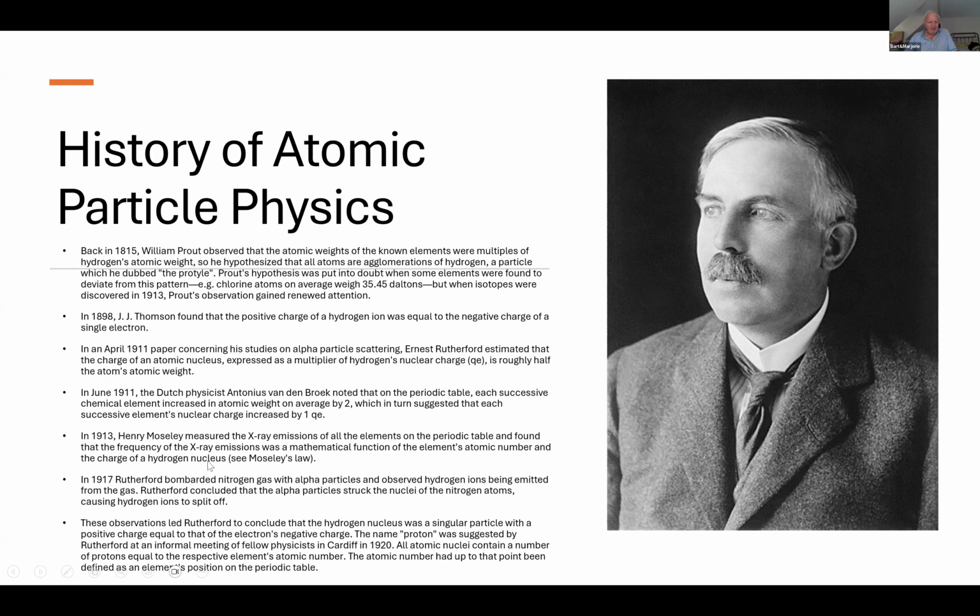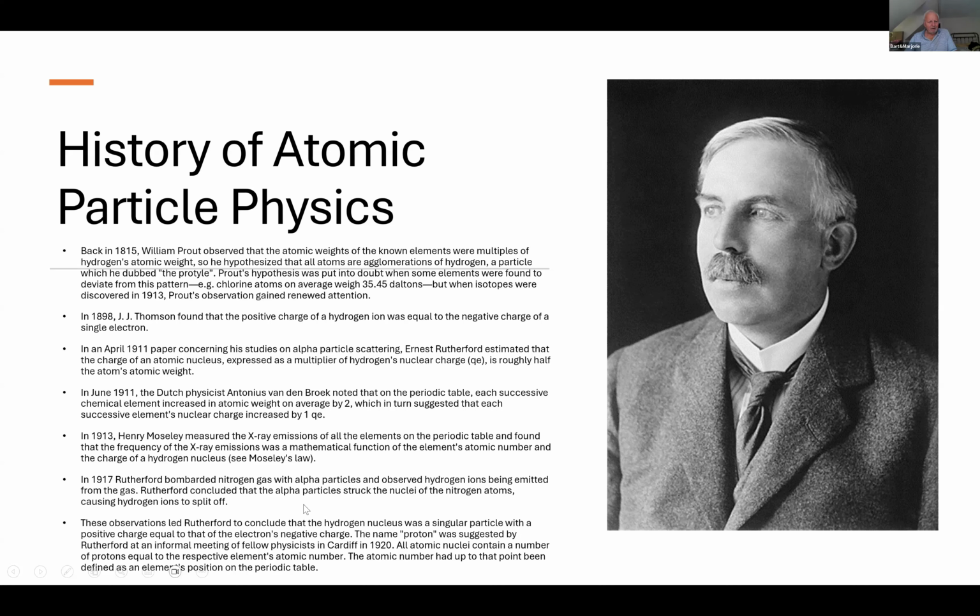Well, if that's the case, then Moseley carried out some X-ray emissions, all of these elements on the periodic table, found out that the frequency of the X-ray emissions was a mathematical function of the element's atomic number and the charge of a hydrogen nucleus.